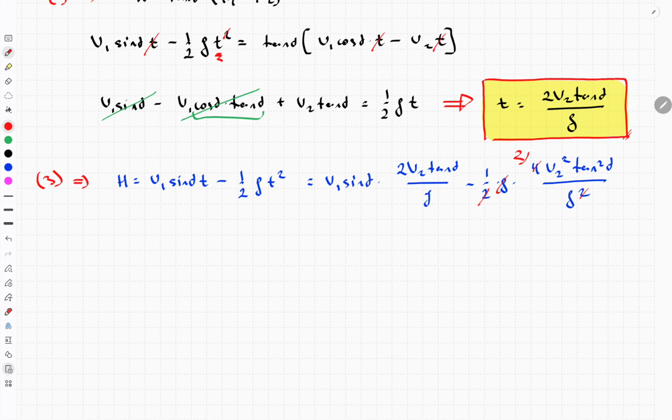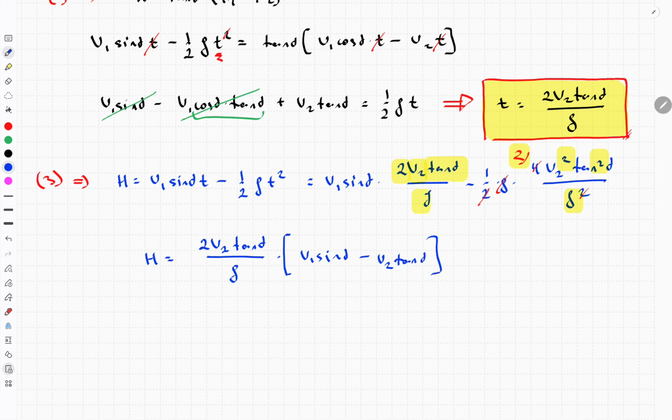We can take out of the bracket, for example, 2, one of the v2, one of the tangent alpha, and 1 gravity. So I'm simplifying basically. So at this side we have v1 sine alpha minus v2 and 1 tangent alpha.